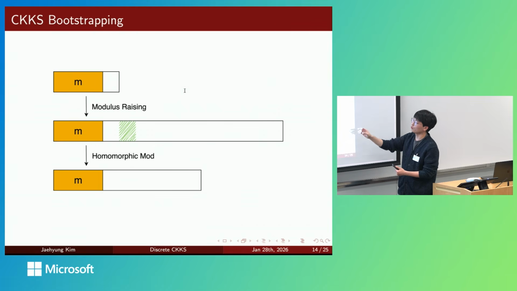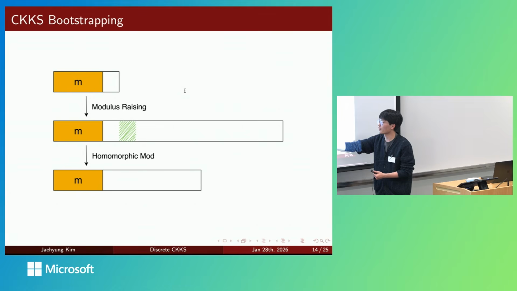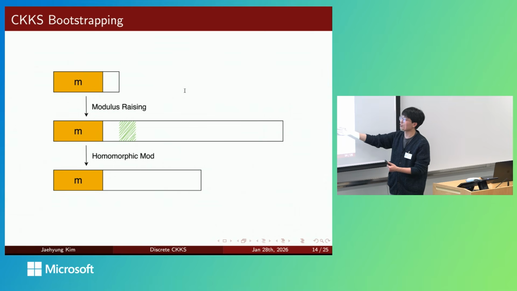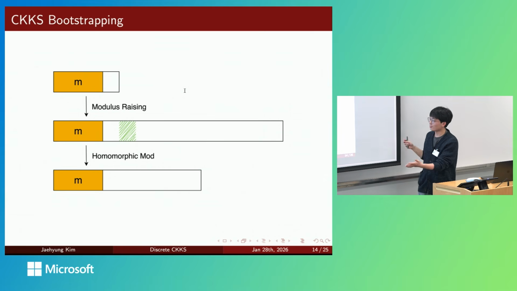And there you evaluate a homomorphic modular reduction function, which removes the green error, and then you get the extended bar, which is essentially the result of CKKS bootstrapping.